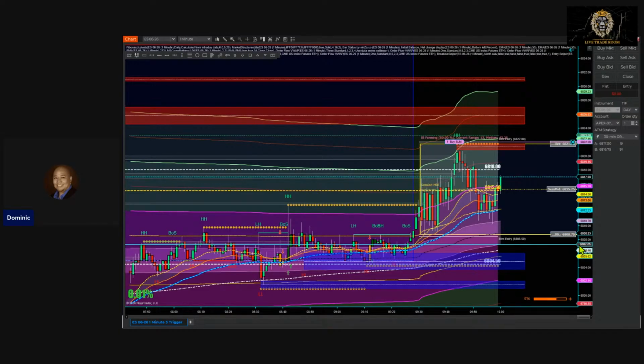Okay, we got 1 minute. So I don't think it's going to create another high. So that's going to be the breakout right there. That's going to be tough. You have a lot of resistance there, a lot of liquidity zones there. But we'll just have to go through it.